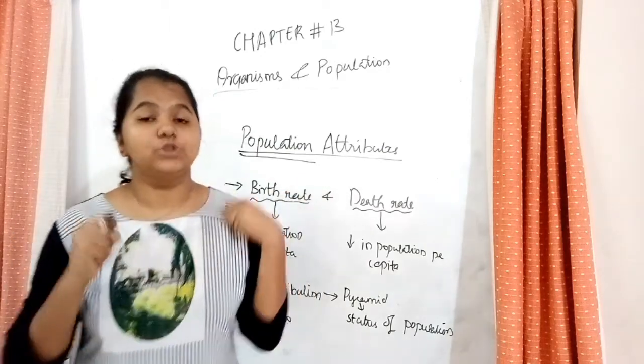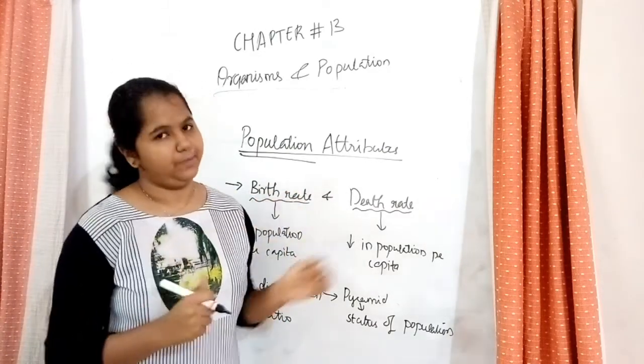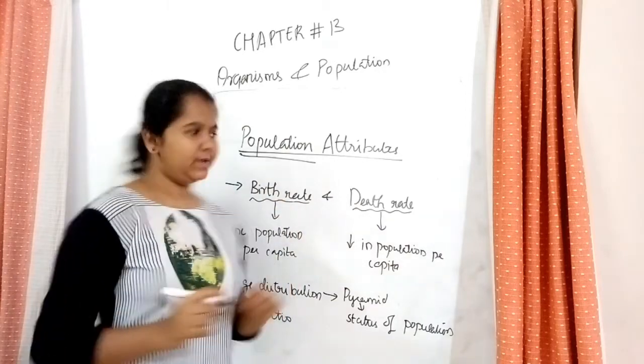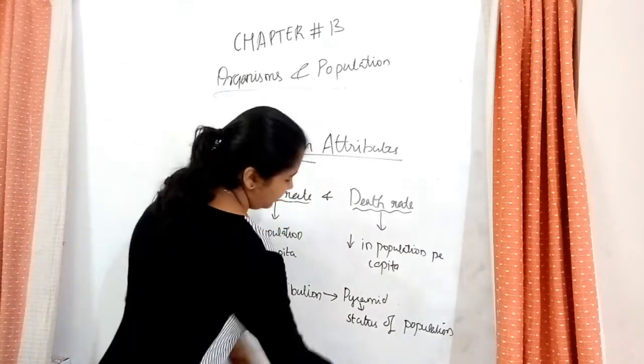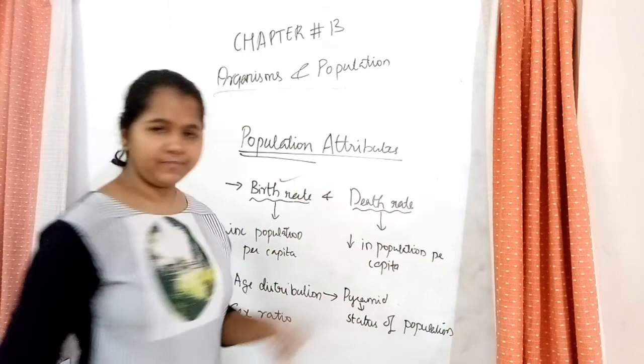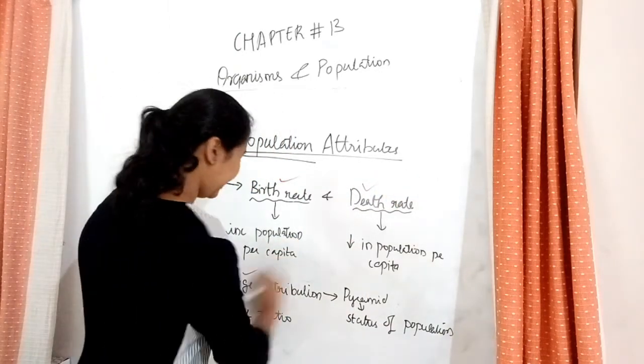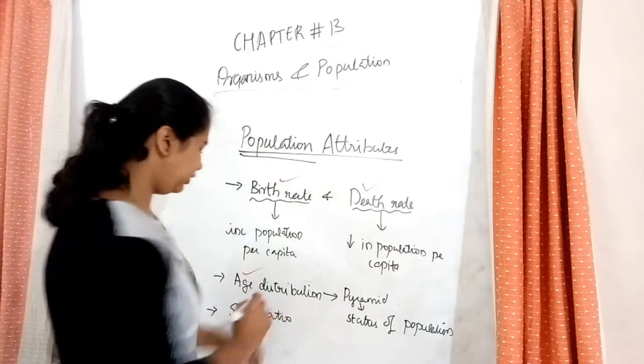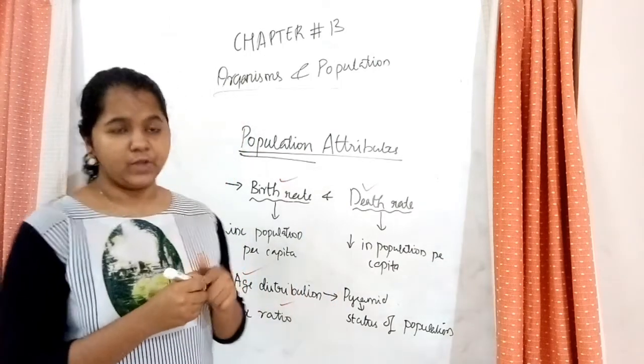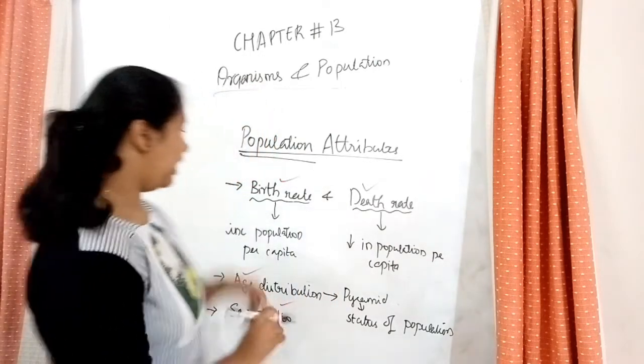There are many attributes that affect population. We'll list them one by one. The first is birth rate, the second is death rate, the third is age distribution, and the fourth is sex ratio. What is birth rate?